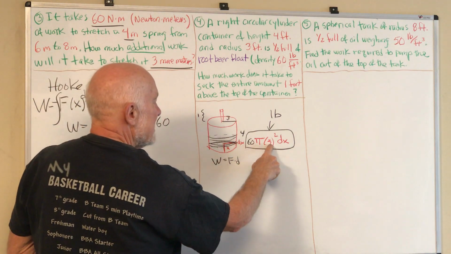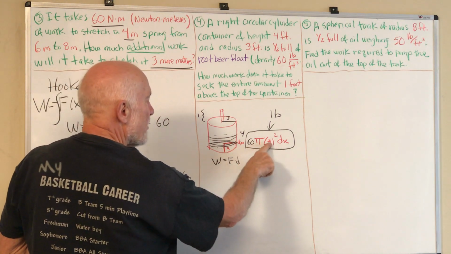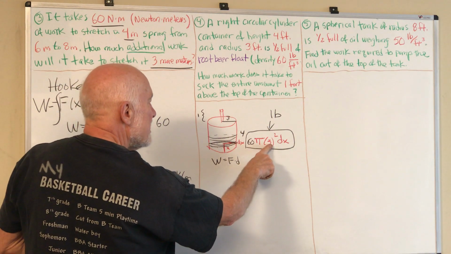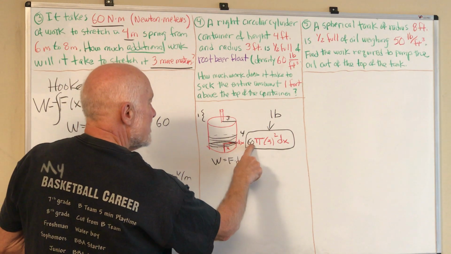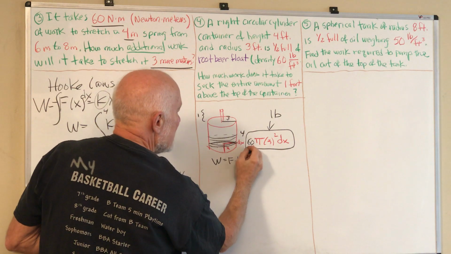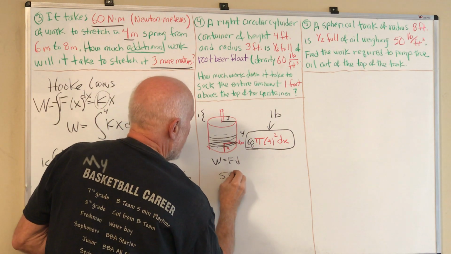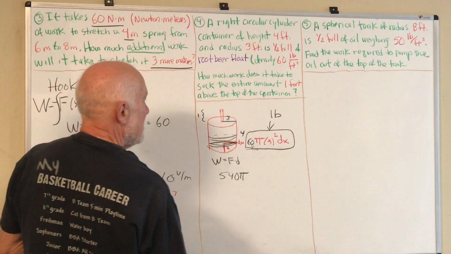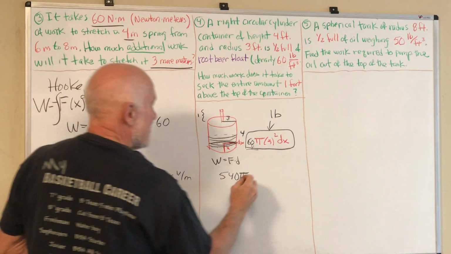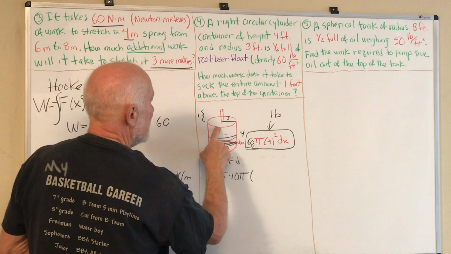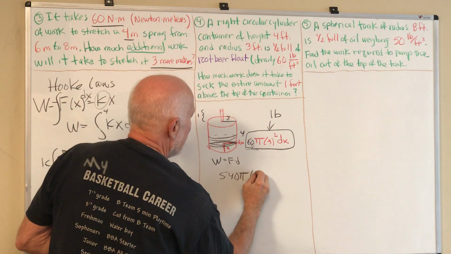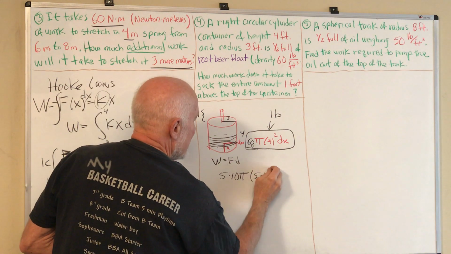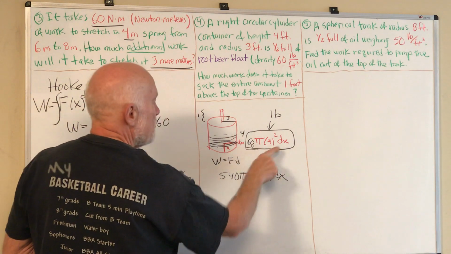So if I take this number, which I might as well write 9 times 60, or 540 pi, and multiply it by the distance, which is 5 minus x, and then we have the dx.